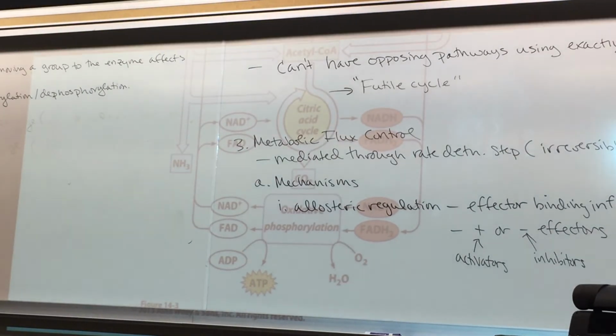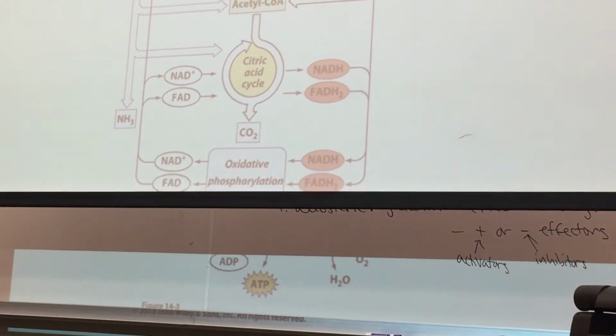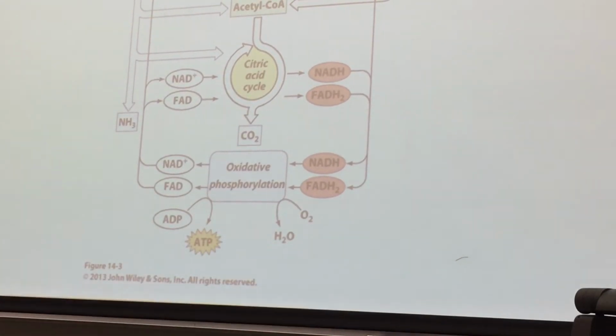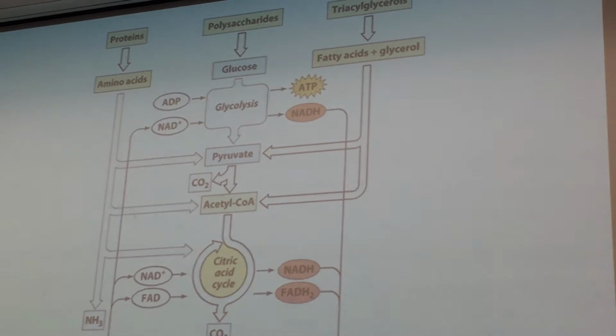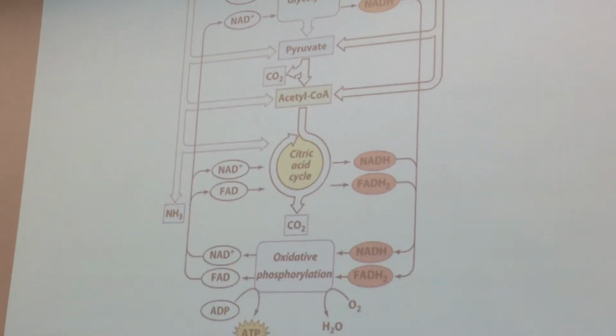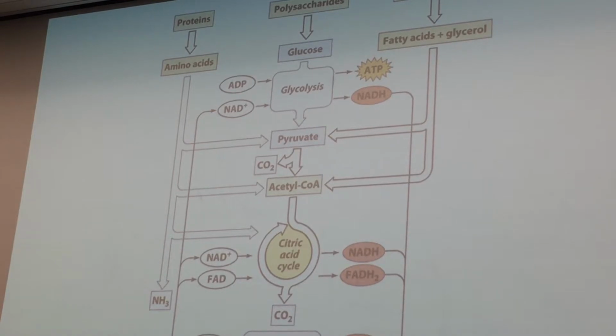So I have a few other figures that kind of go in advance of this. Again, this is really just the beginning. So this is those pathways on that one sheet of paper that were highlighted in dark, that were gray. So these are our initial catabolic pathways that we're going to talk about.